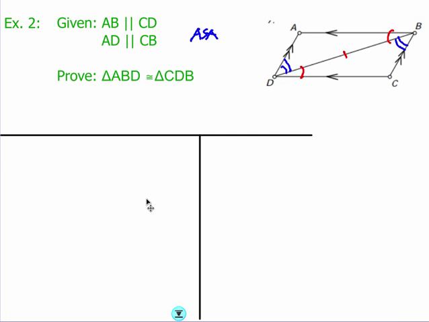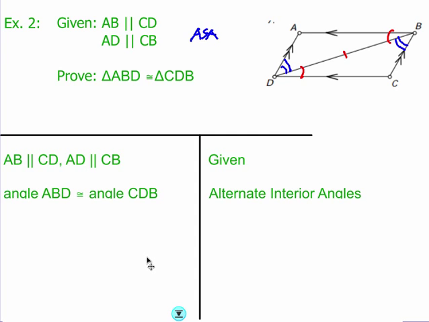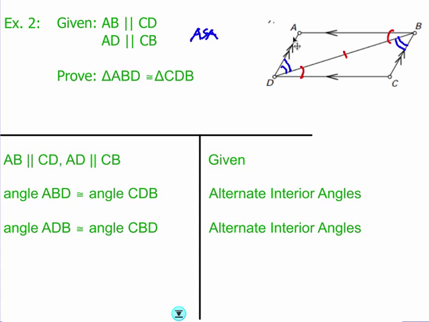So let's do the full proof here. Given AB is parallel to CD and AD is parallel to CB, angle ABD is congruent to angle CDB by alternate interior angles. For the same reason, angle ADB is congruent to CBD.